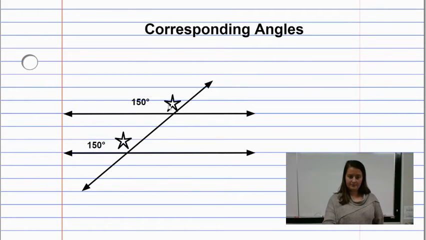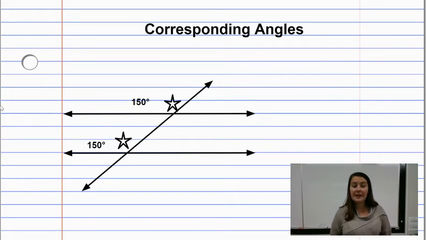You have upper left, lower left, lower right, and upper right. Which corner are the stars in? The stars are in the upper left square for this. So we know that they're both on the left side. And then from there, you can take it one step further and talk about which corner of each point of intersection do these angles fall on.